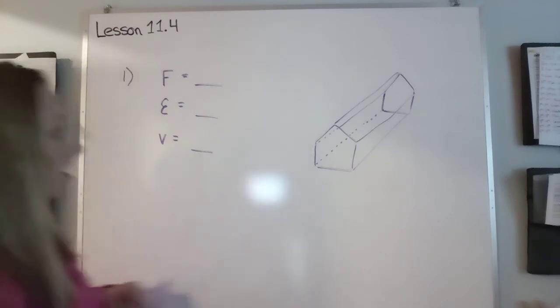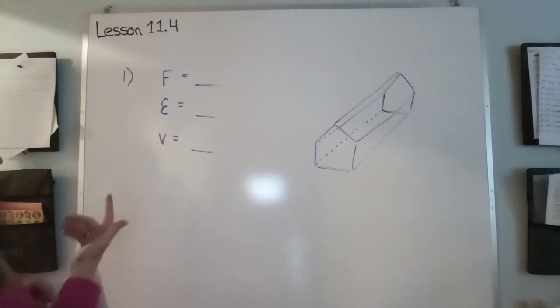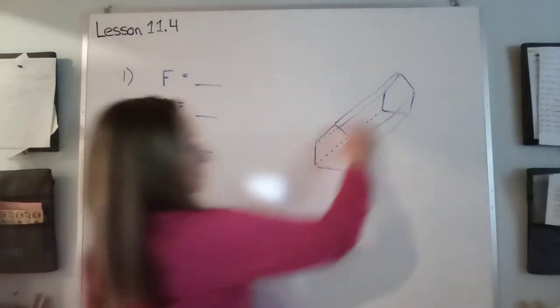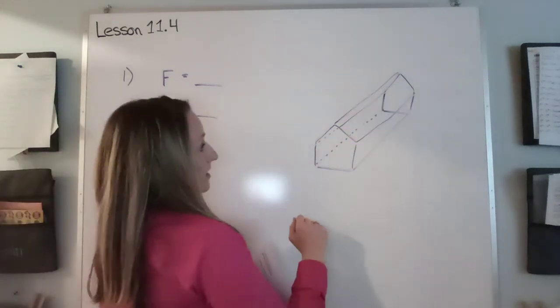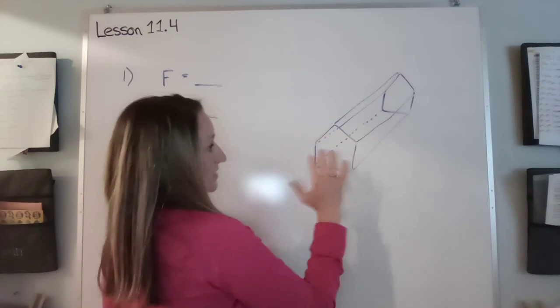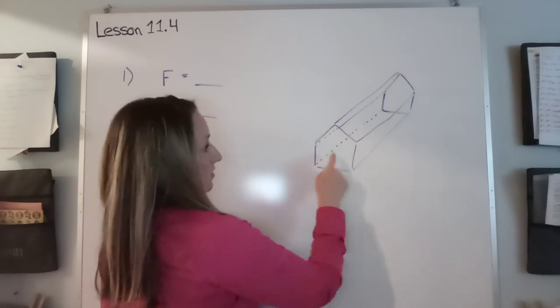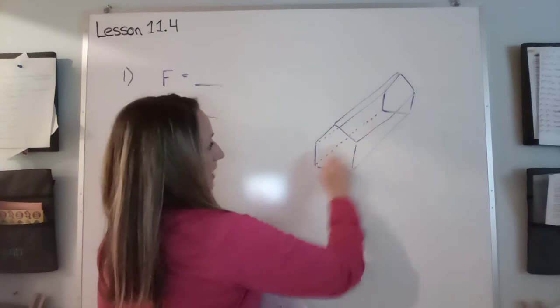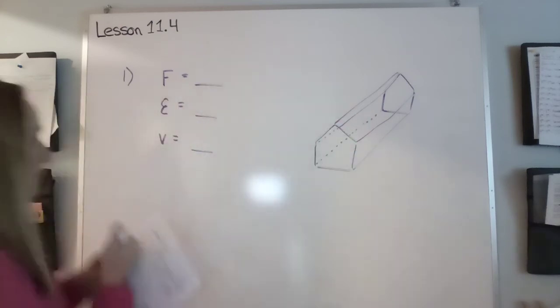So what you're going to do is count the faces, count the edges, count the vertices, and then I'm going to explain Euler's formula. As far as faces, we have the two pentagons, right? And then we have all of the rectangles that connect the two pentagons. So you have two polygons, and then 3, 4, 5, 6, 7 faces.